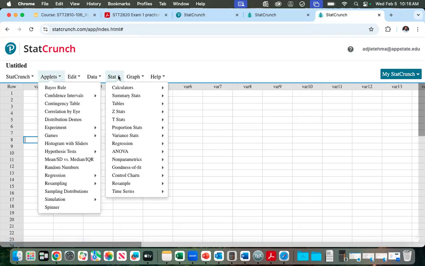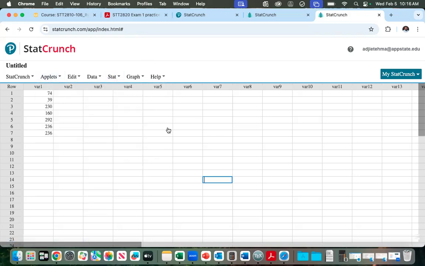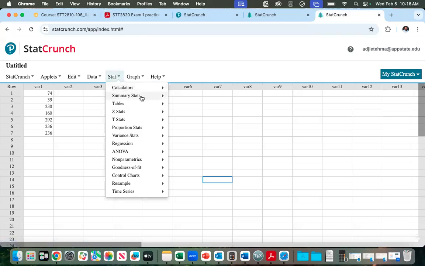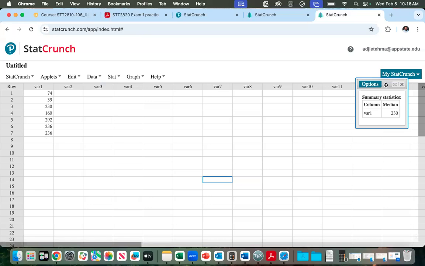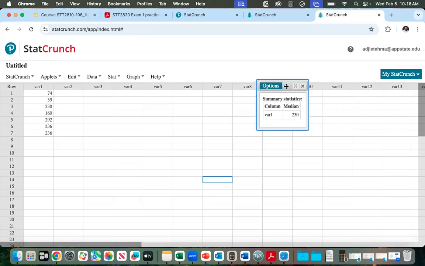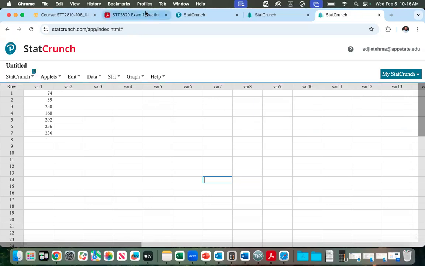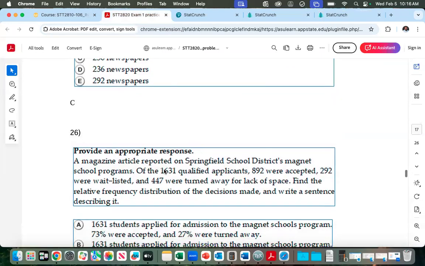And then you go to stats, summary stat, columns, and then you want the median. So the median is this. And then we hit compute. I got 230. Did you guys also get 230? Okay, sounds good. And so let's proceed now. Let's get to the next one.